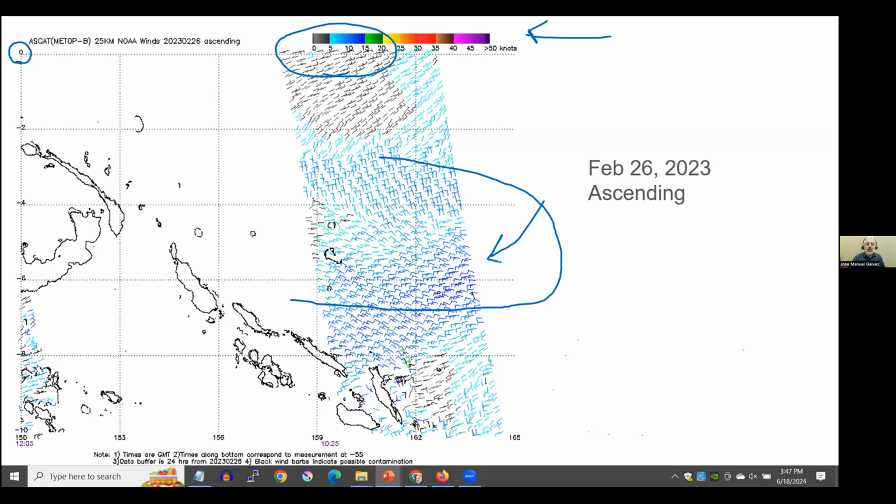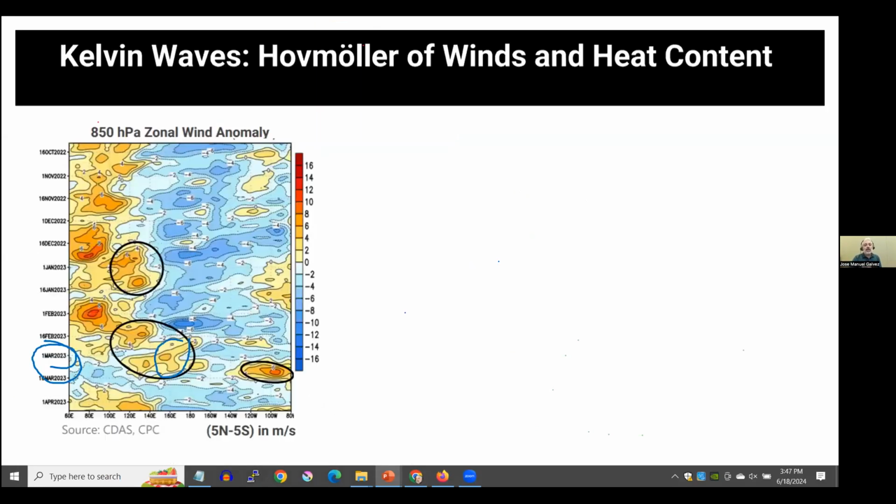All right, so what I would need to do is first compare what I'm looking at to the 850 winds that I'm getting from official sources, meaning from institutions that have calibrated data. For example, the CPC, the Climate Prediction Center, has this graphic from years ago.